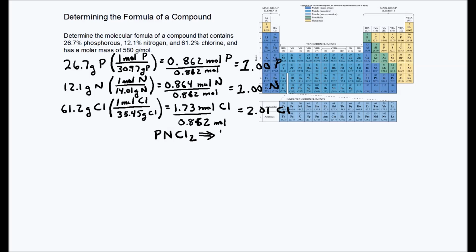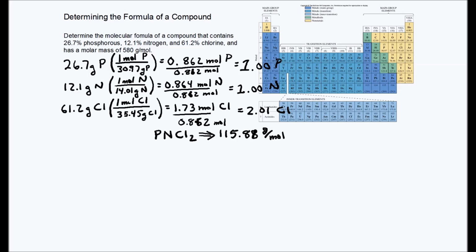I get a molar mass for PNCl2 of 115.88 grams per mole. But what do I know? I know that the actual compound has a molar mass of 580 grams per mole.